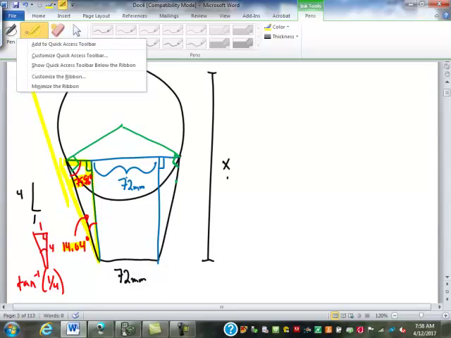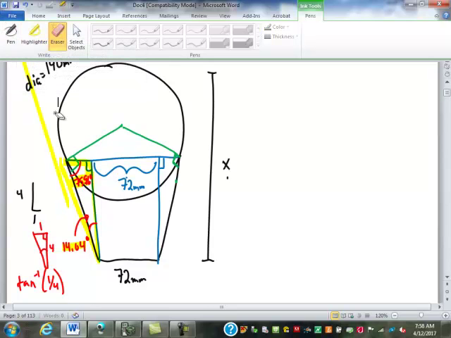Which means this angle here, since that's a 90 degrees, we subtract 75.96, that's 14.04 degrees. Which of course makes this 14.04 degrees. So then we can find that angle there, using the 180 degree angle sum, is 151.92 degrees.